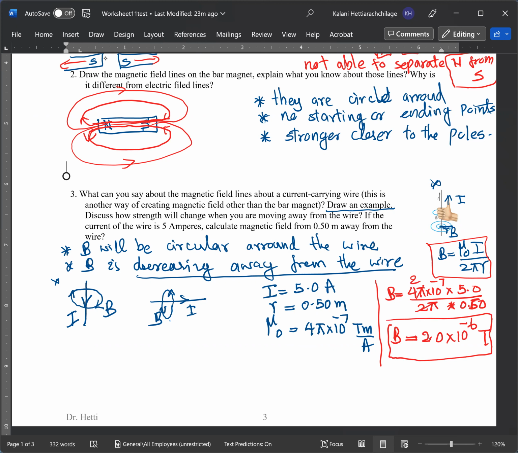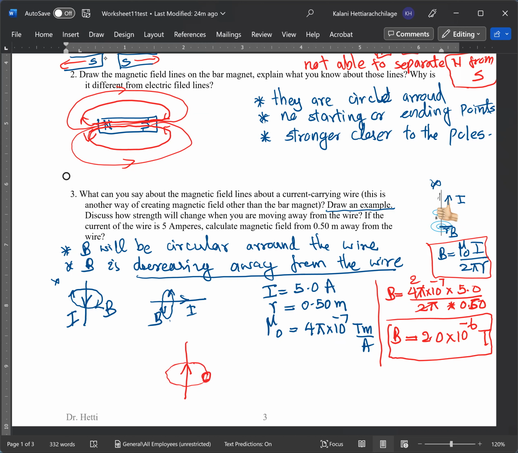Okay, so whichever diagram you draw, make sure that you make a label, because it does not say which direction the current is. We'll say you're going to use the diagram that I have here on my top diagram. Thumb in the direction of the current, then your magnetic field lines will be going around.